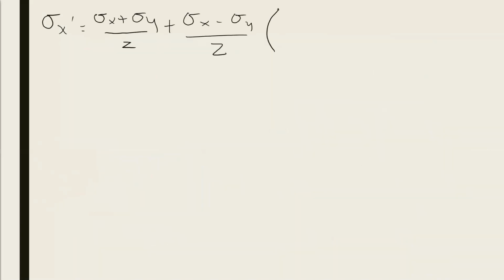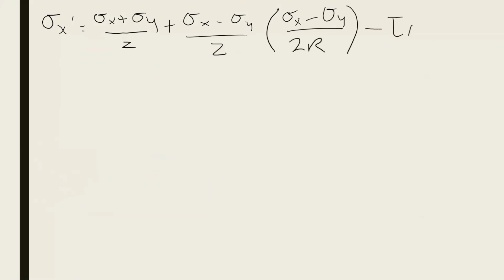So this is going to become sigma x minus sigma y over 2r, now minus tau xy times the sine of 2 theta, which we said was tau xy over r. Okay. This first term is just the average stress. Right? Sigma x plus sigma y over 2 is the average stress.